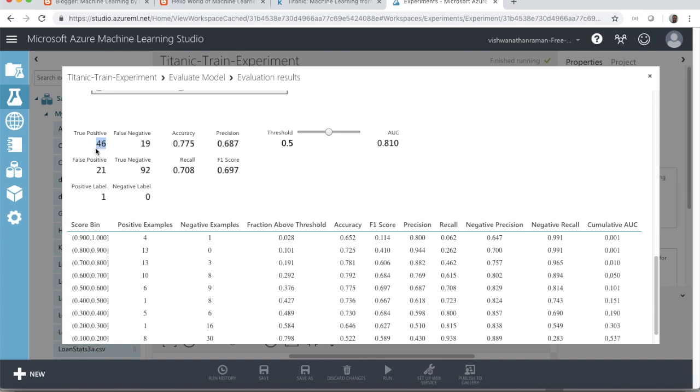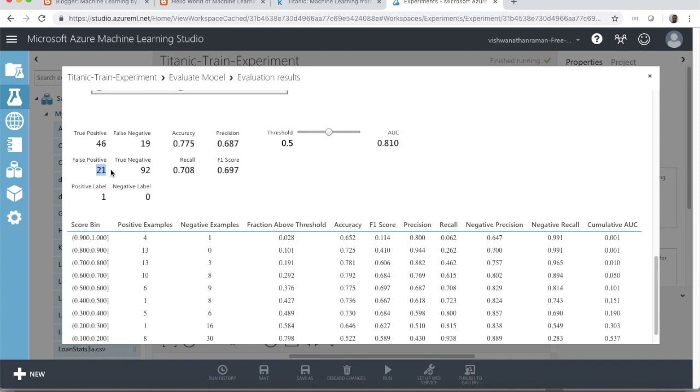Let's look at false positive. Now, remember, positive is nothing but survived. I can also reread false positive as falsely identified as positive. Now, what does that mean?